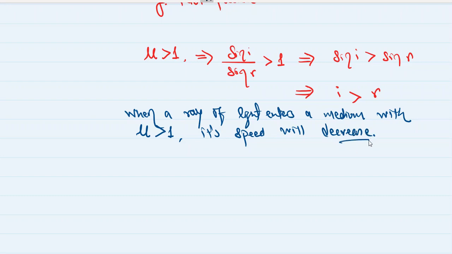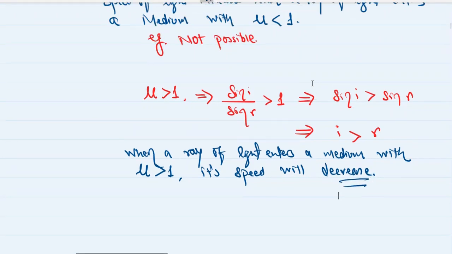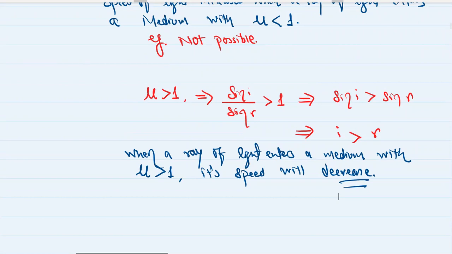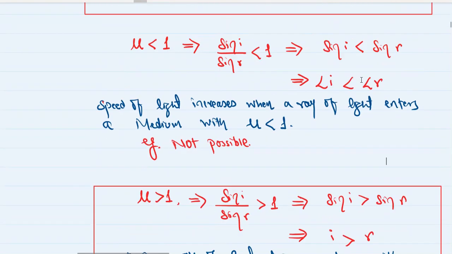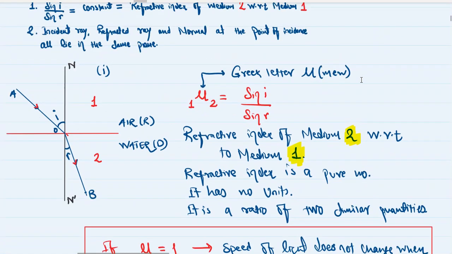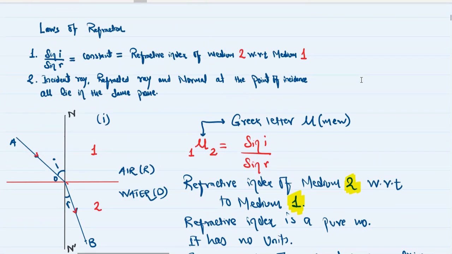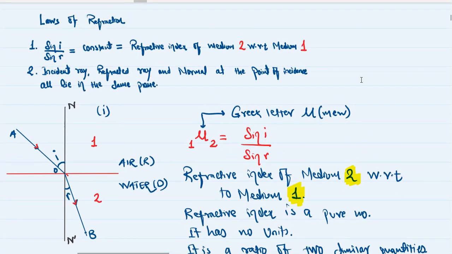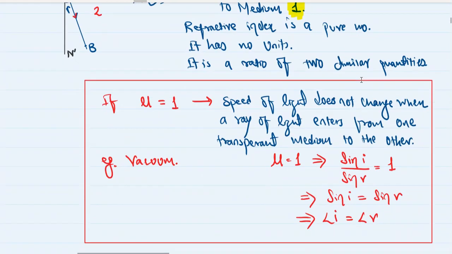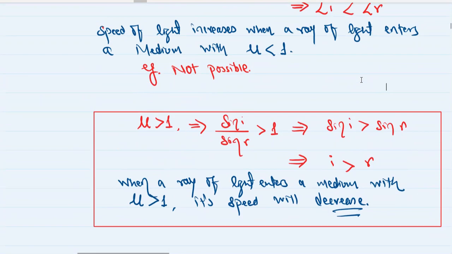Its speed will decrease. Okay, so these are implications of the value of refractive index. Correct? Okay, so let's now understand more meanings of this refractive index, more ideas regarding this refractive index.